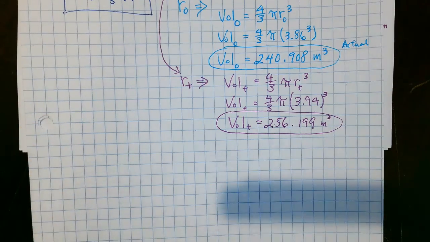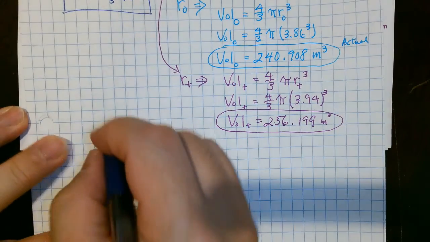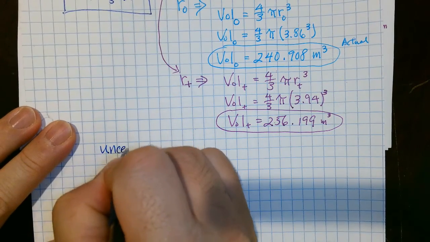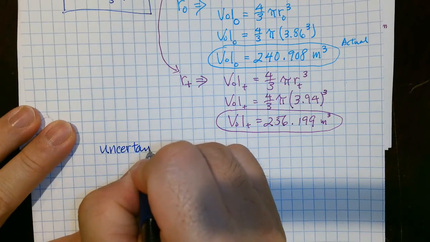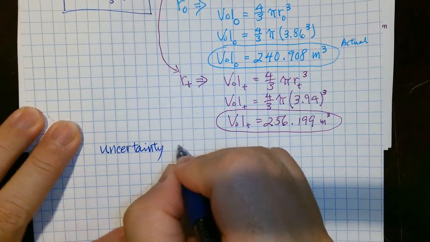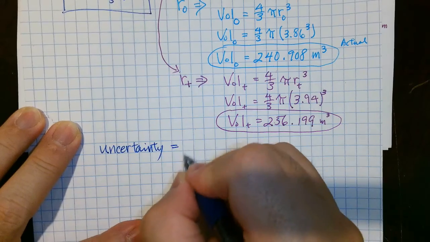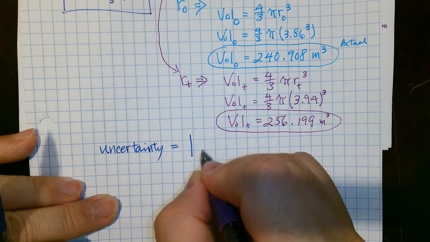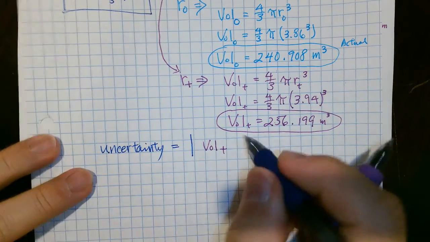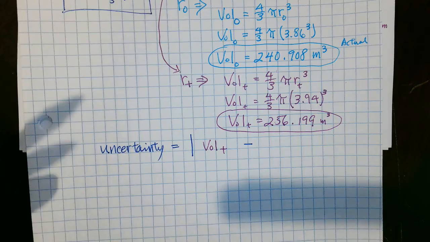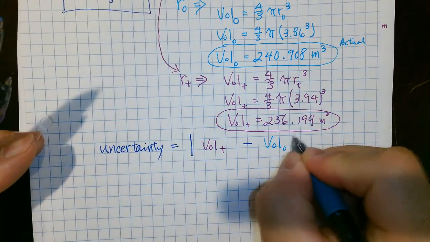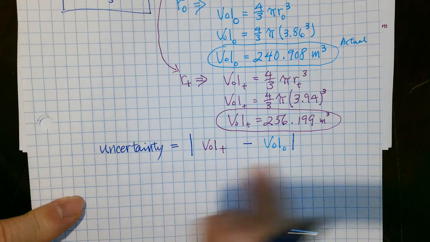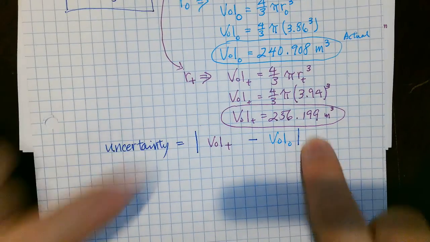So what is the uncertain value? That uncertainty is simply the absolute value of volume plus minus volume naught. Again, this can be switched because it's an absolute value sign.